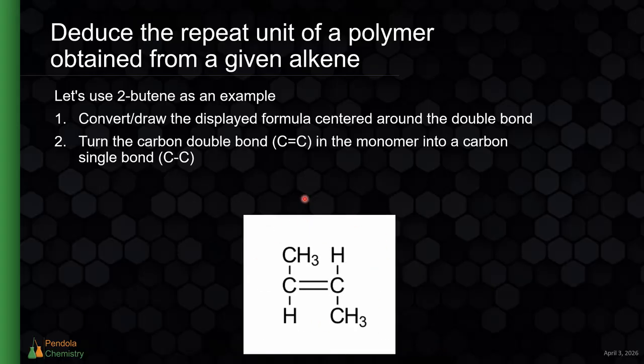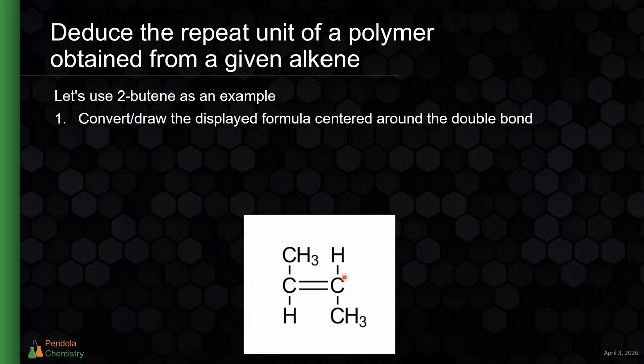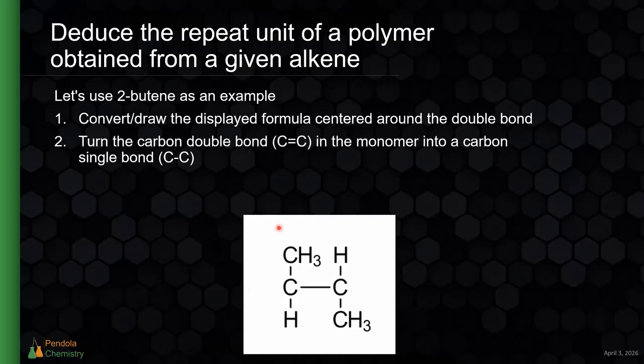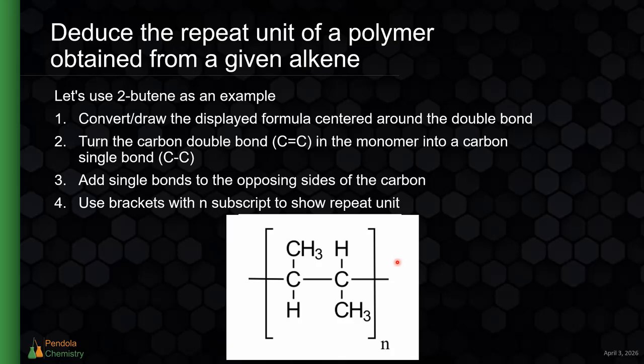So again, we grab our alkene, we center it around the double bond and put the 4 bonds that those carbons are going to have, or 2 per carbon. We break the double bond and make it a single bond. Then we add bonds to each carbon, and then we add the bracket with an n to show that this is a repeat unit of a much larger polymer.